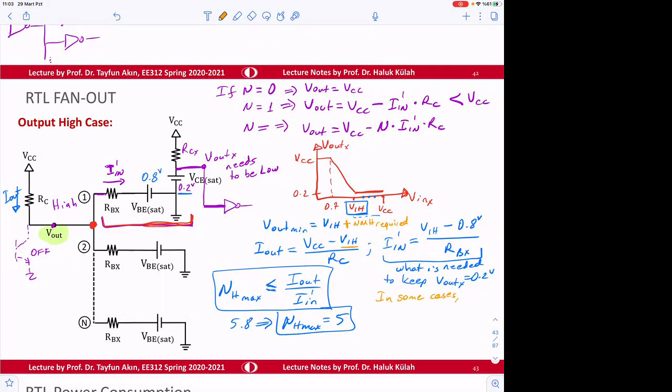If noise margin high required is defined, then instead of V input high, sorry, V input high needs to be replaced with V input high plus noise margin high. Okay. So this will be V out minimum.